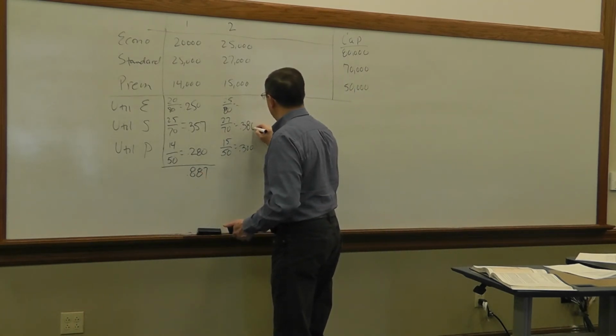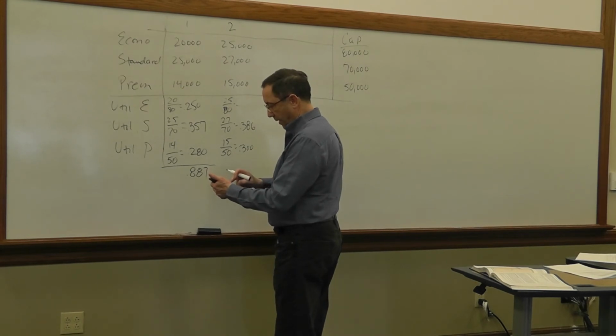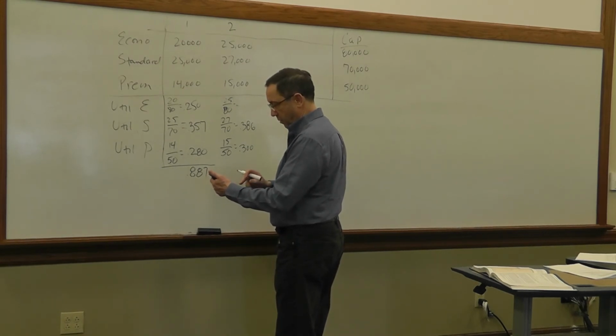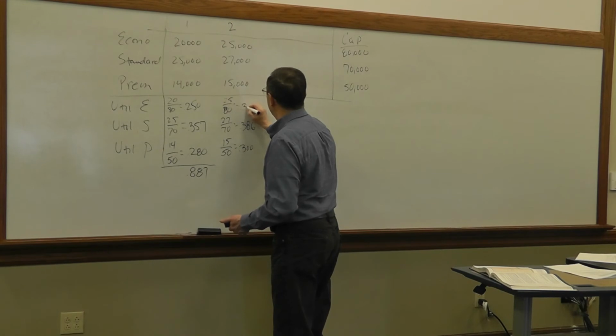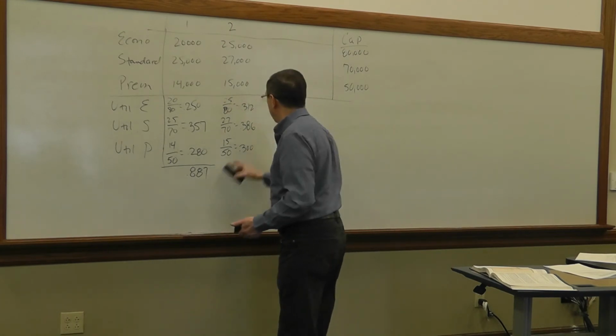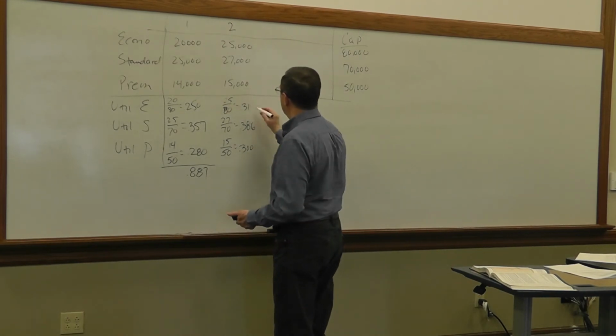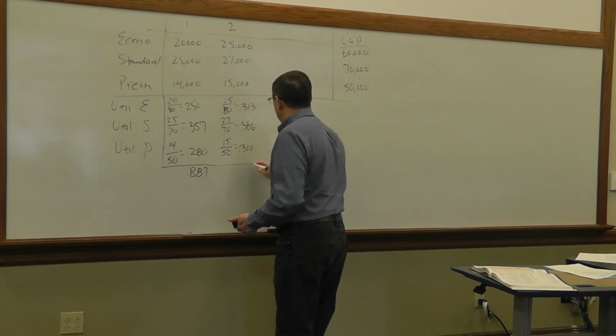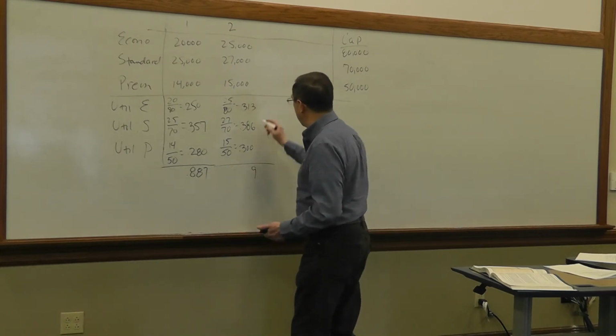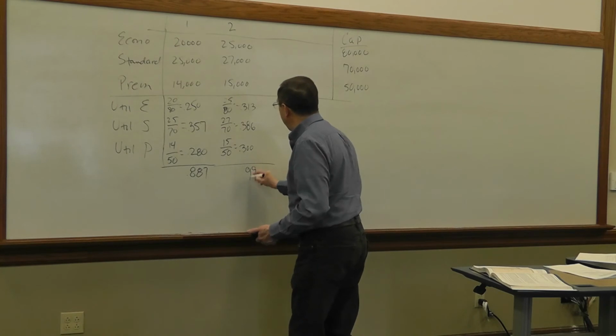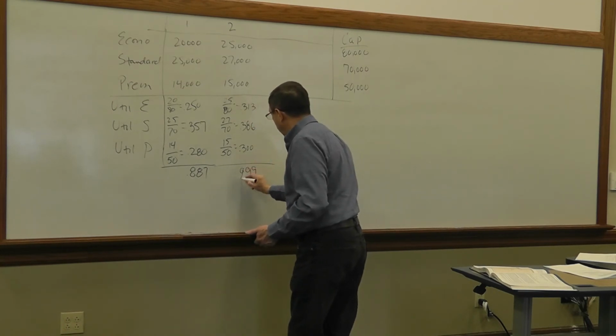At the top, 25 over 80, I feel like I should be able to do that. Nope, 0.3125, round it off. Stick with 3 decimal places. And add them up. 9, 1 and 8 is 9, 3, 3, 3, 9.